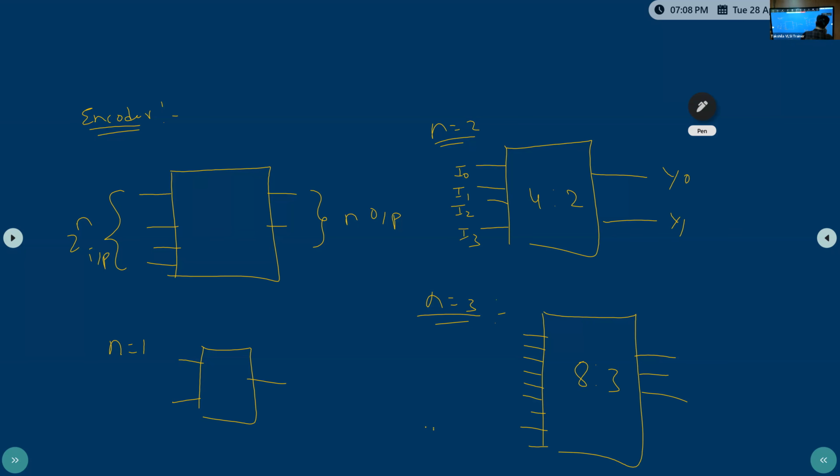So if you go with the truth table of this one, how will it be? I3, I2, I1, I0, Y0, Y1. So this one is 0, 0, 0, 0, then 0, 0. Getting?